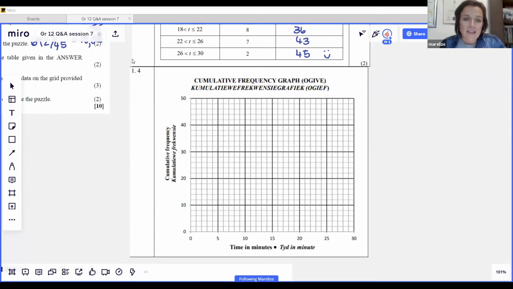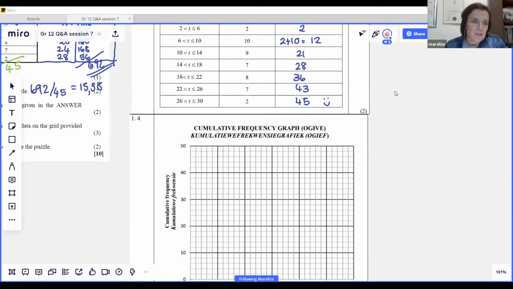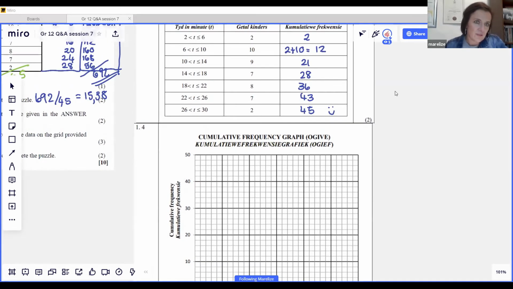Okay, guys, again, this is the time to learn it and learn it forever. How do we draw a cumulative frequency graph? So the cumulative frequency graph, what shape does it have? What does it look like? Is it a bar graph? Is it a line graph?